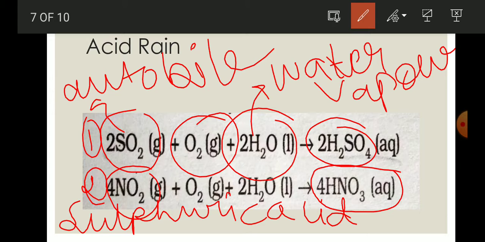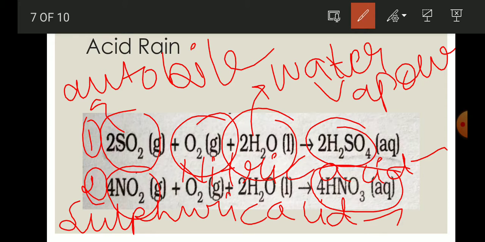So this acid is known as nitric acid, and these two acids are very dangerous.